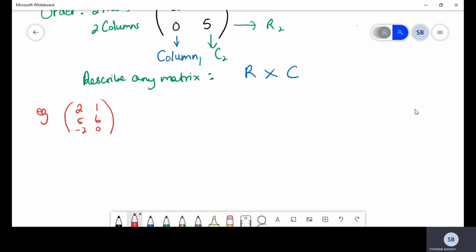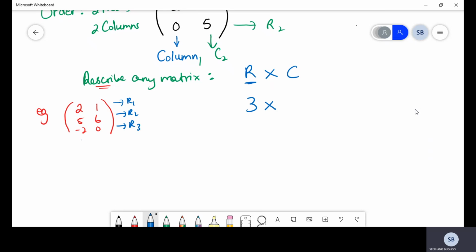And we had to describe this matrix. Well, all we need to do is count up, firstly, how many rows do we have? Rows go horizontally. So we have row 1, row 2, and then row 3. So it seems that we have 3 rows.